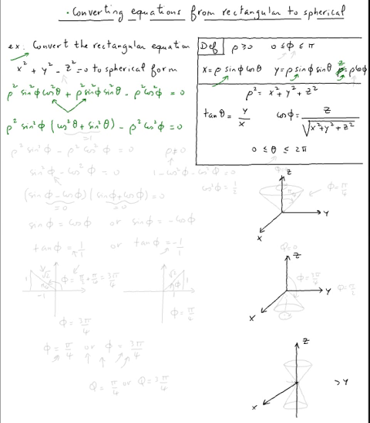Now I know this is equal to 1, so that's going to give me rho squared sine squared phi minus rho squared cosine squared phi is 0. Now I can divide by rho squared.